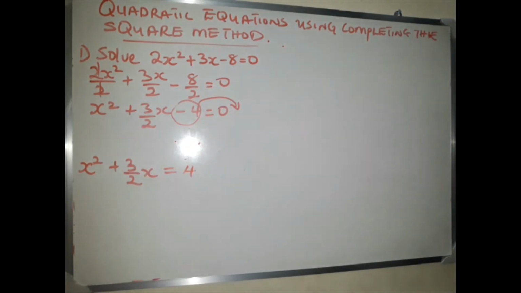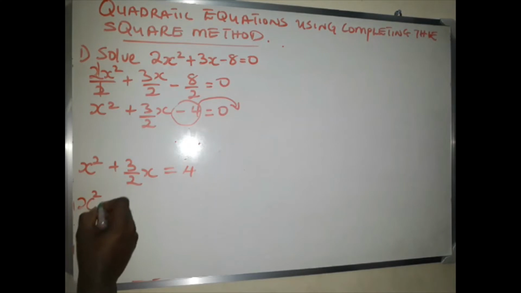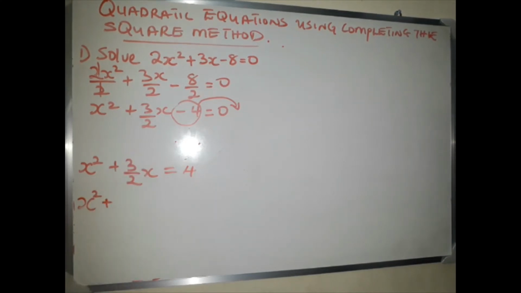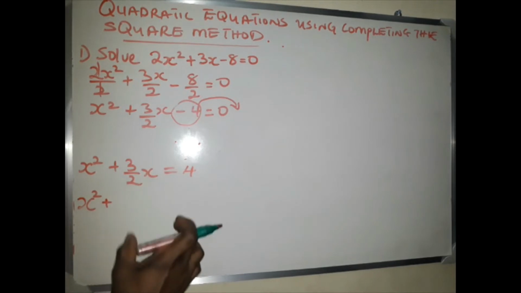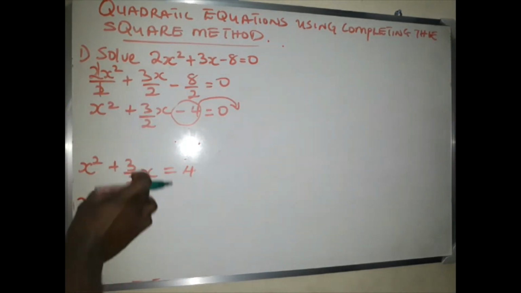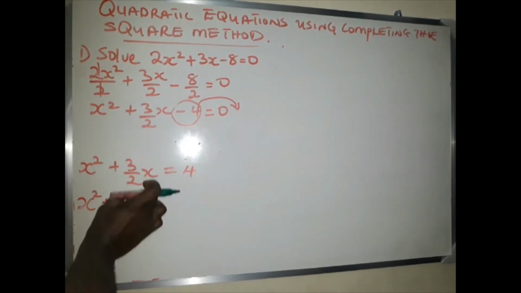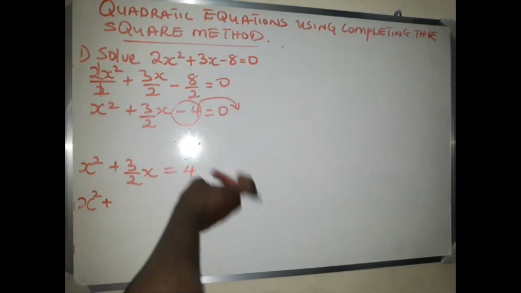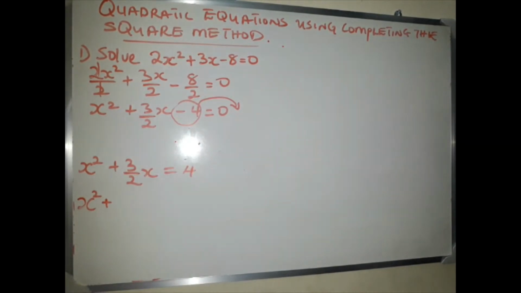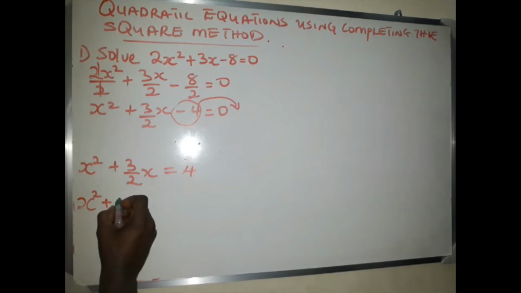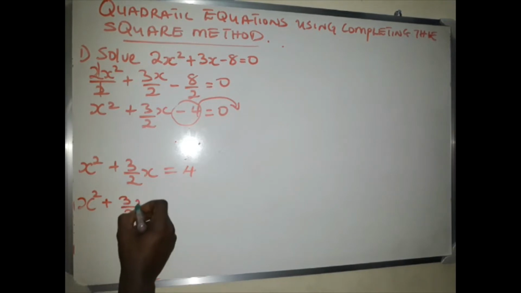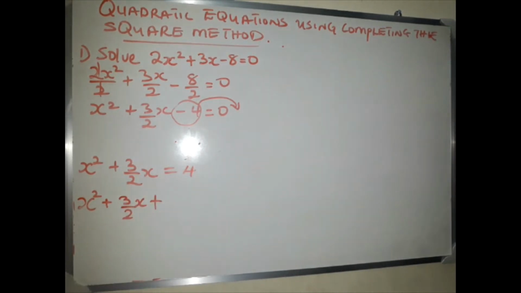Now, the coefficient of x is 3 over 2. So you're going to add the square of half of 3 over 2 to both sides. Okay? So that will now give us 3 over 2 x. What is half of 3 over 2?